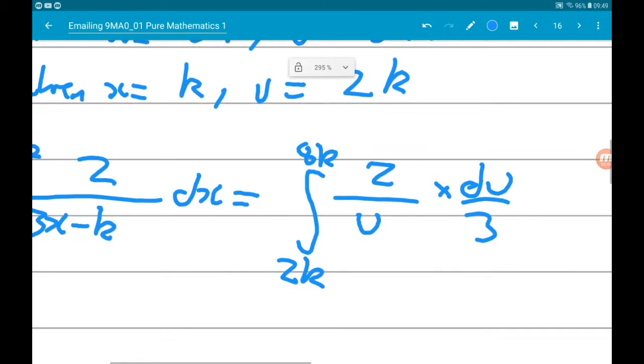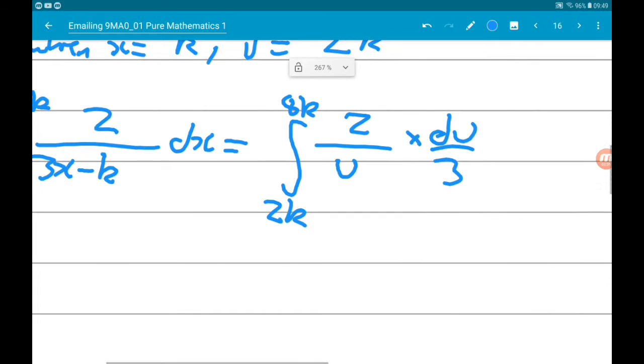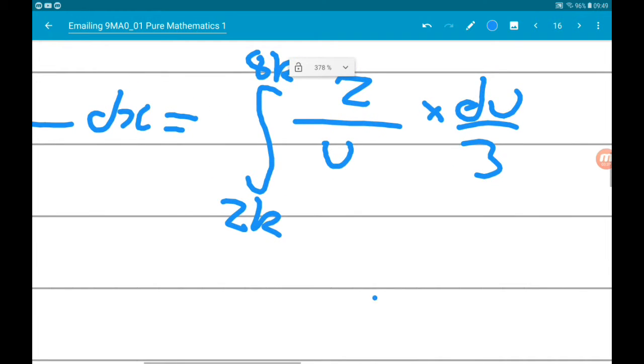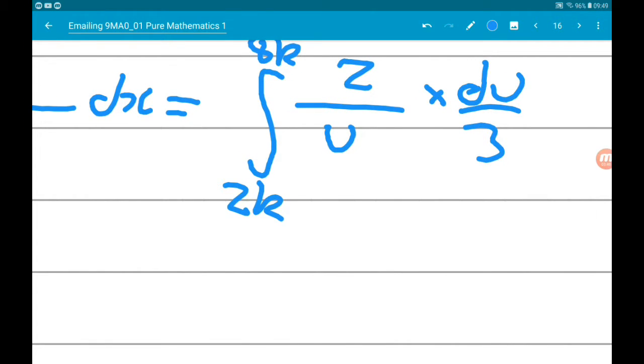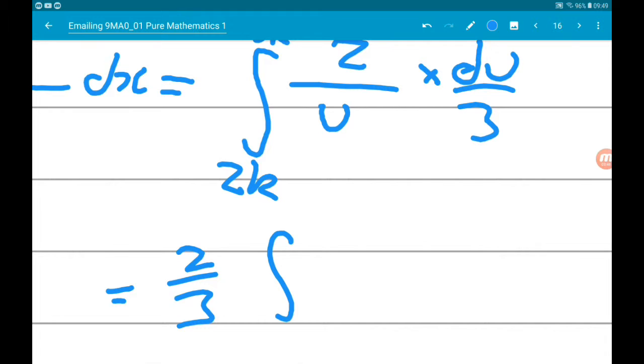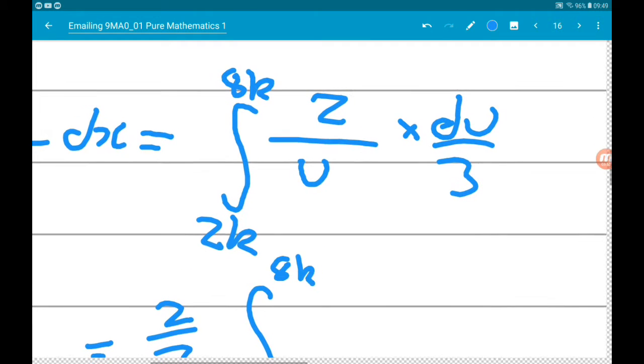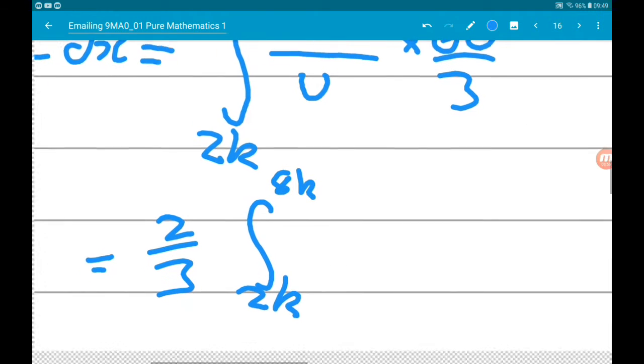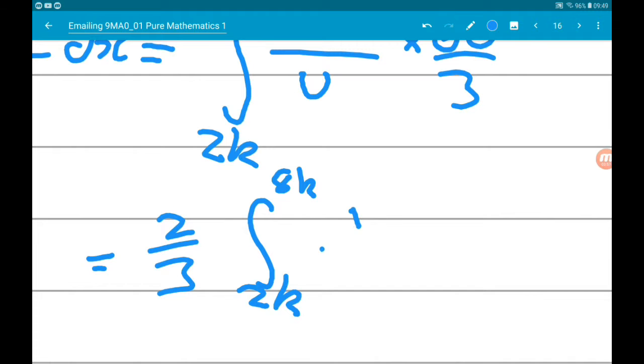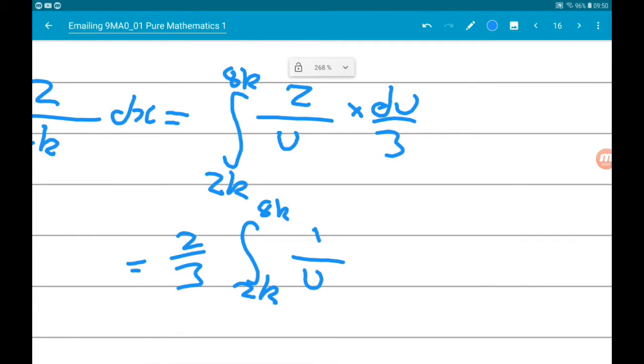Okay, so we got a constant of 2/3, so let's take that out the front. That's 2/3 in the integral between 2k and 8k of 1 over u with respect to u.